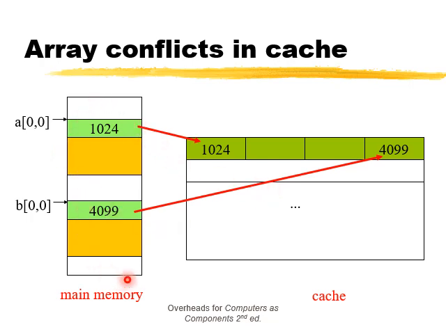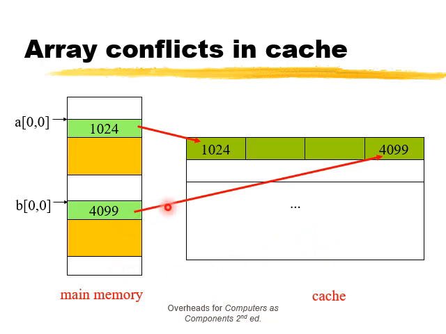So these are two arrays in main memory, one is at 1024 starting with 00, and another is at 4099 starting with B00, and the sizes are mentioned in your book: we have 256 rows and 4 columns, and the cache has 256 lines, a 4-way set associative cache with 4 words per line. If both of these are trying to access the same cache block, conflict can occur.